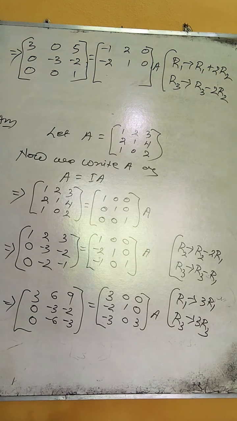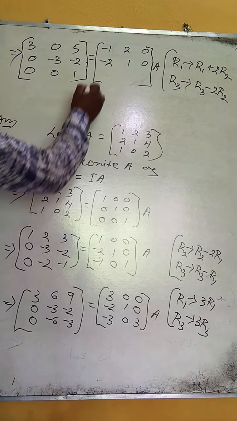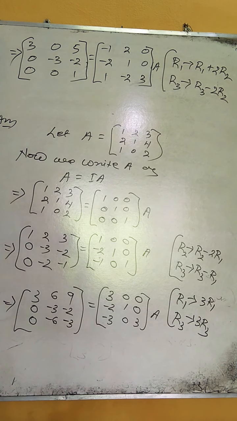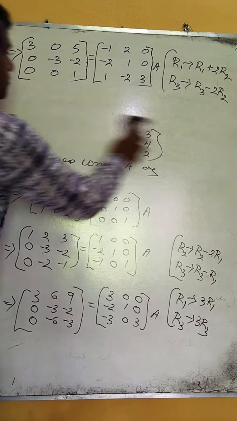Okay, here 0, minus 1, minus 2, 3, so 1 minus 2 3.